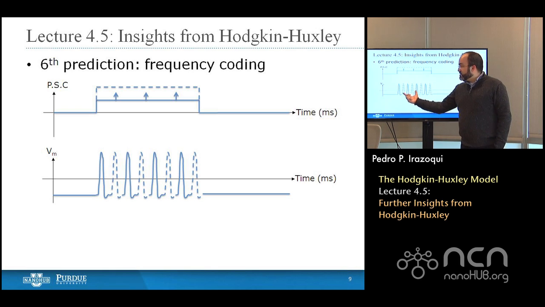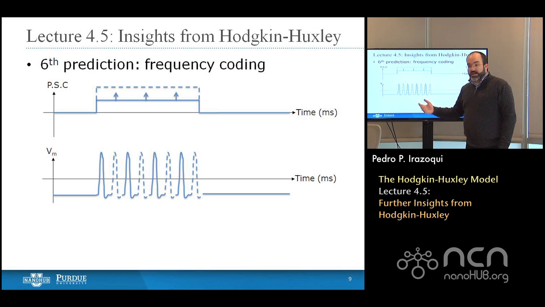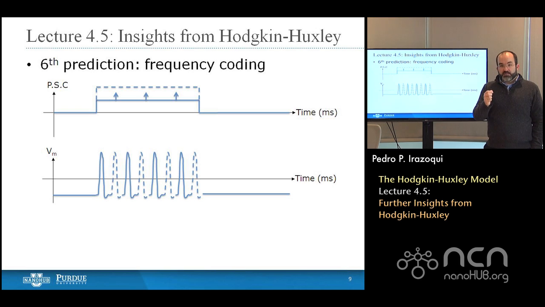Now, these additional action potentials will be limited only by the absolute refractory period. The absolute refractory period will tell you the minimum amount of time that your neuron needs to rest before it can fire again. The relative refractory period will tell you the amount of time that it would like to rest, so the amount of time that you need to wait before the neuron can fire again with the same stimulus as it had originally.